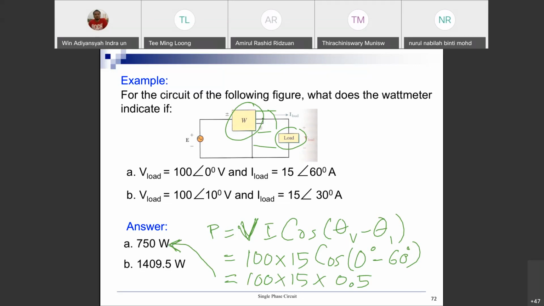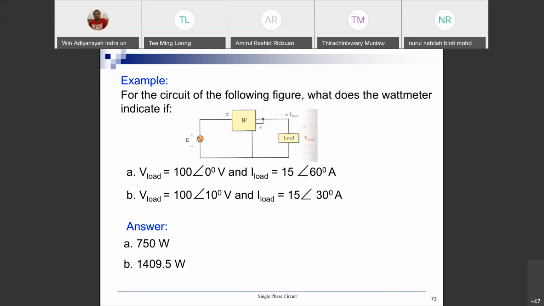Okay, also for B the same. V is 100, I is 15, so cos of minus 30, cos minus 20 then. That one is for wattmeter.